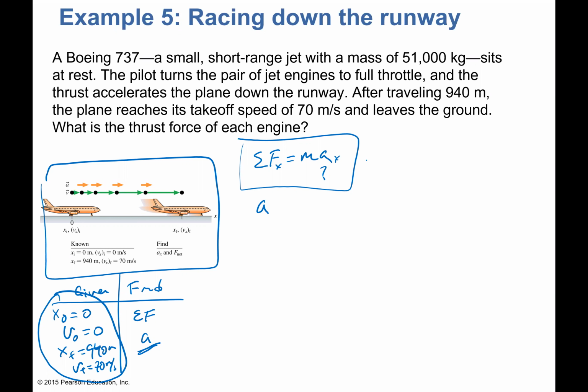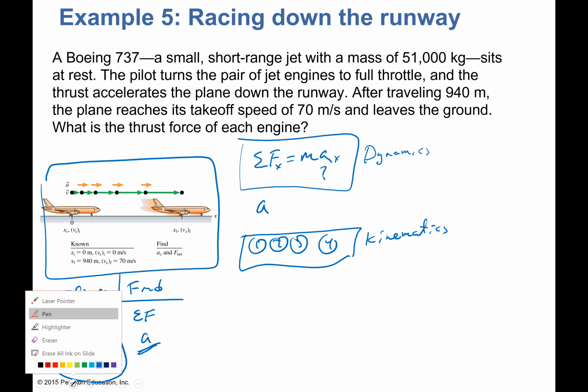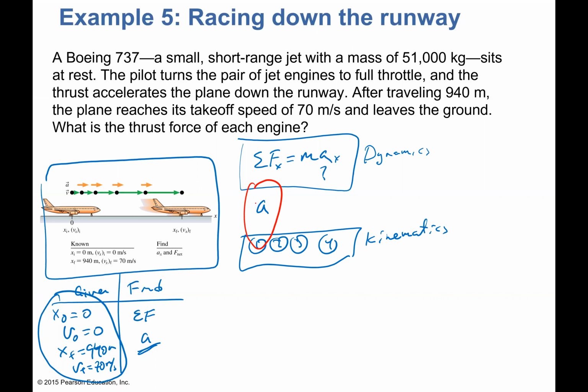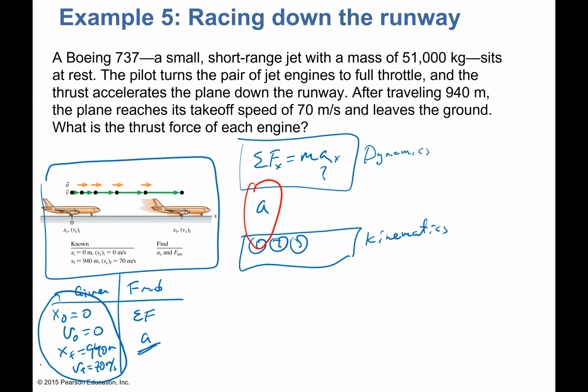A lot of times with things like this, this is dynamics, and this is kinematics, which is equations 1, 2, 3, and 4. The link between dynamics and kinematics is the acceleration. Other than equation 4, which we can ignore right now, equations 1, 2, and 3 all have the acceleration.